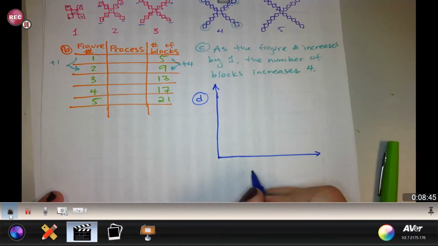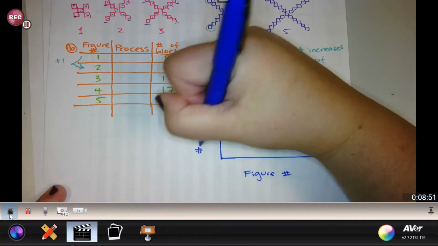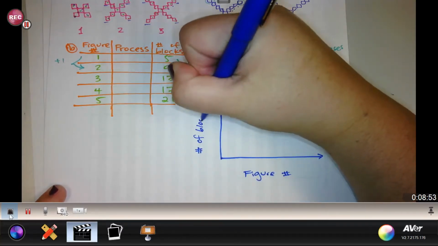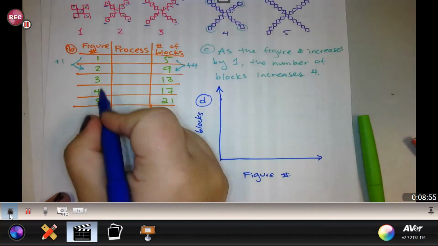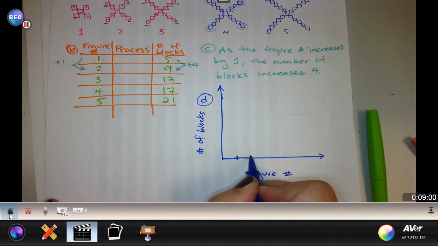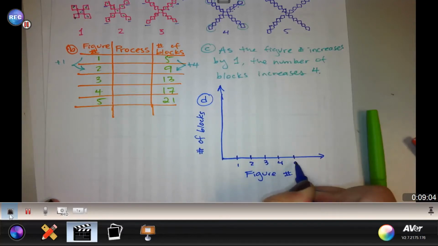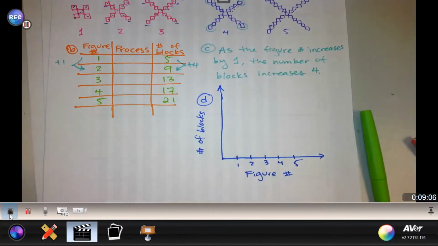Okay, so here's my graph. The independent variable is figure number. The dependent variable is number of blocks. And here, this only goes up to 5. So 1, 2, 3, 4, 5. And then this goes up to 21.